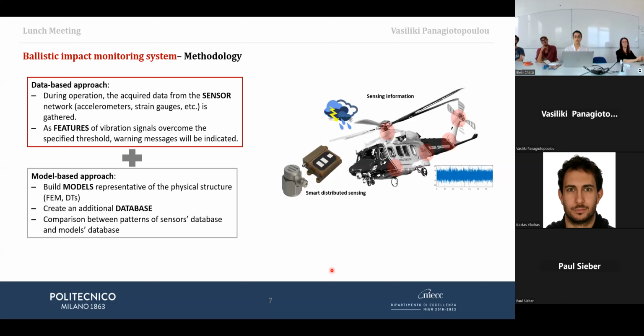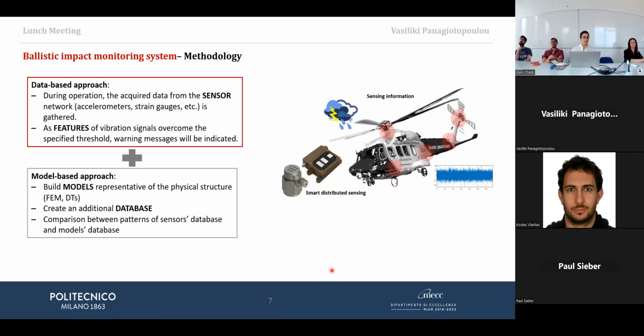So those models might be automatically updated in real time after feeding them with data. In this case, basically we are talking about digital twins, or they might be numerical models such as finite element models used offline in order to create a readily available database ready to be exploited by algorithms.